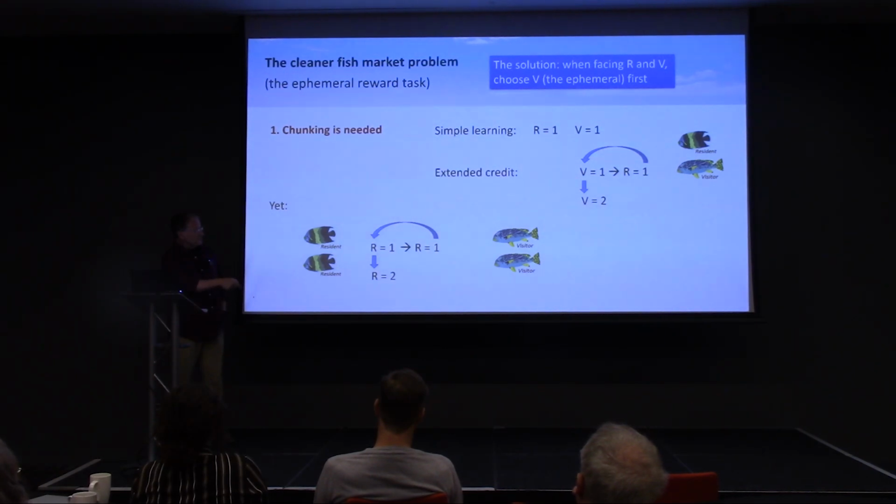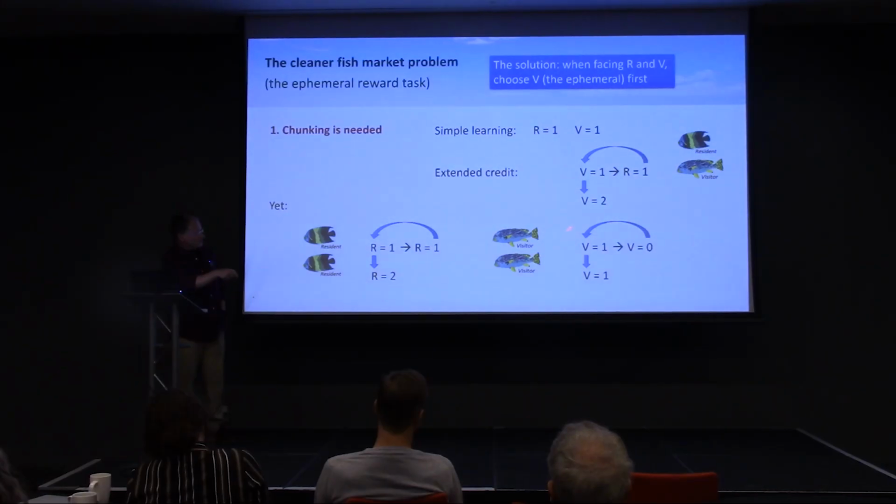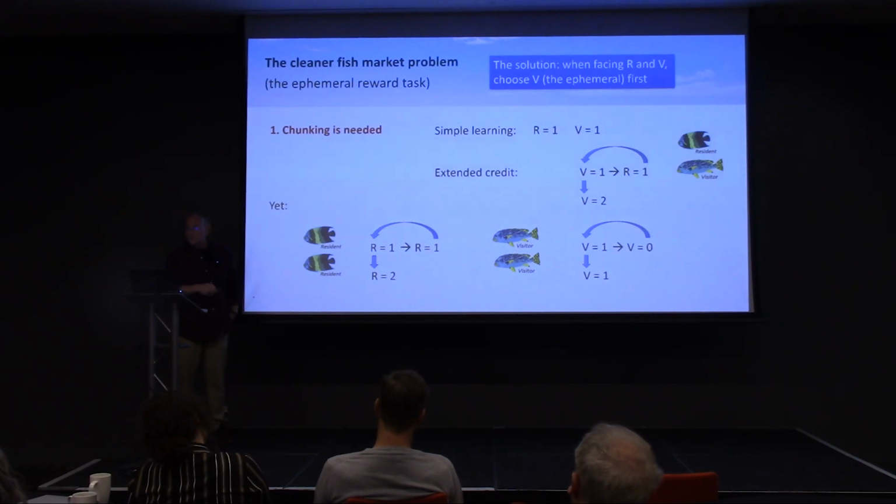When you have two visitors, you go to one visitor, the other one may go away, so you learn that actually the visitor gives you 1. And when you average all that you learn together from these three situations, this one reduced the value of V, this one increased the value of R, and overall they're about average, and the model failed to develop a preference. So under realistic conditions, this type of extended credit or chaining is not really enough.